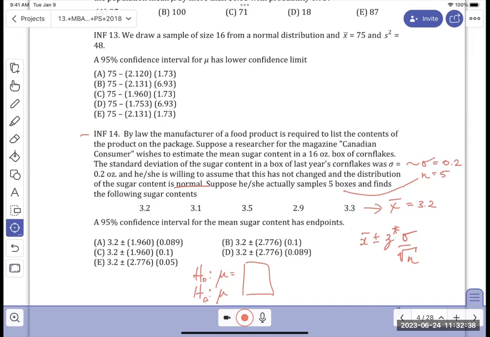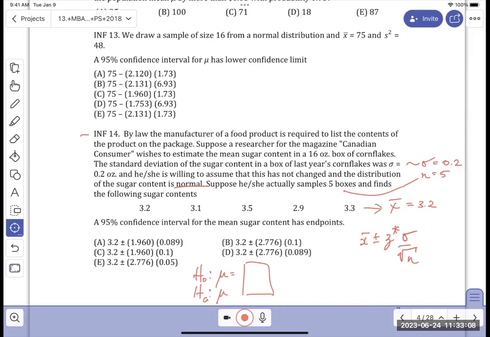The mean. She wishes to estimate the mean content in a 16-ounce box of cornflakes. By law, they have to list the standard deviation. Oh no, we don't have the information here. So this is not a hypothesis test because we weren't given the status quo. So we wouldn't do a hypothesis test here.